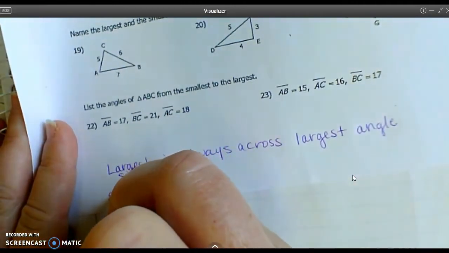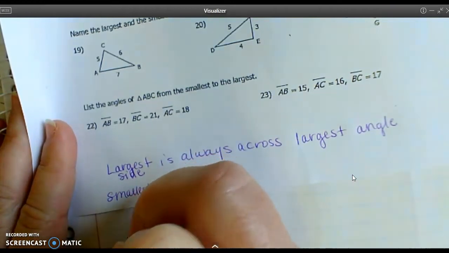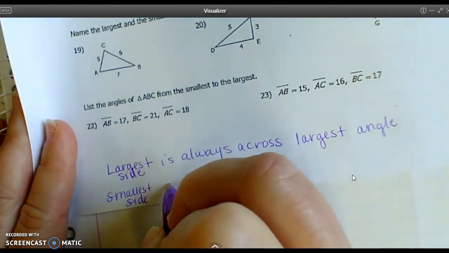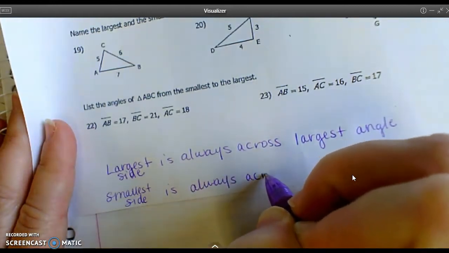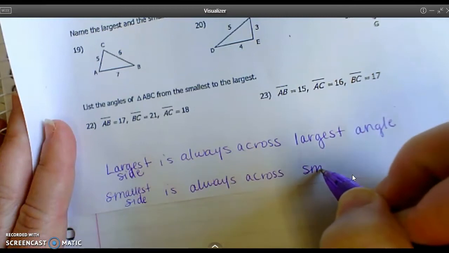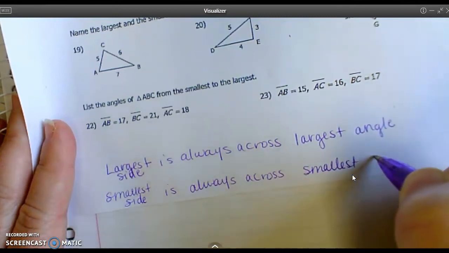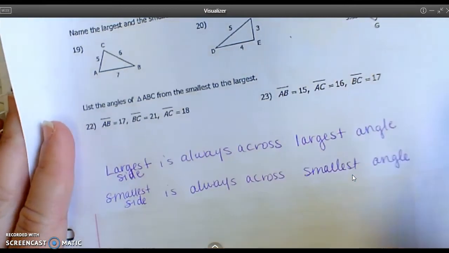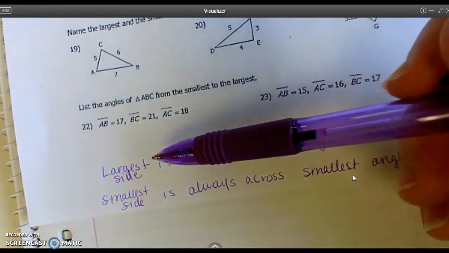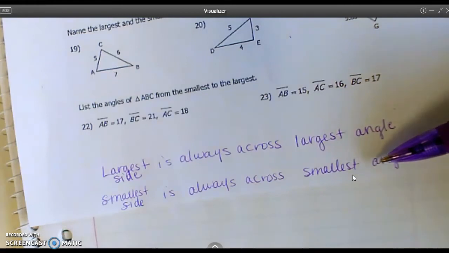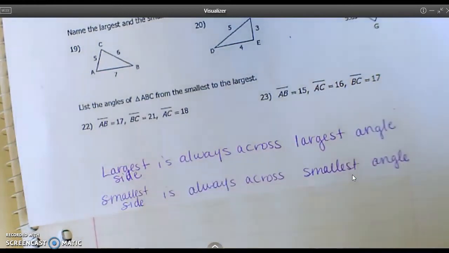And same thing is true about the smallest. The smallest side is always across from the smallest angle. And vice versa is true as well. The largest angle is always across from the largest side, and the smallest angle is always across from the smallest side.